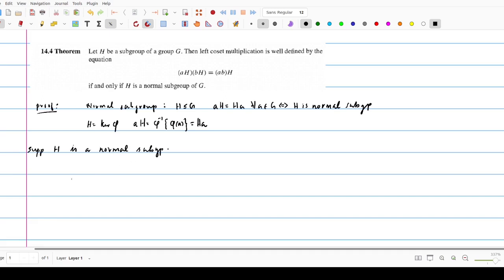H is a normal subgroup means we have aH equal to Ha for a belonging to G. Then we collect all the left cosets aH, a belonging to G, the set of all distinct left cosets, and call this S. We show that this operation aH star bH equal to abH is well defined.